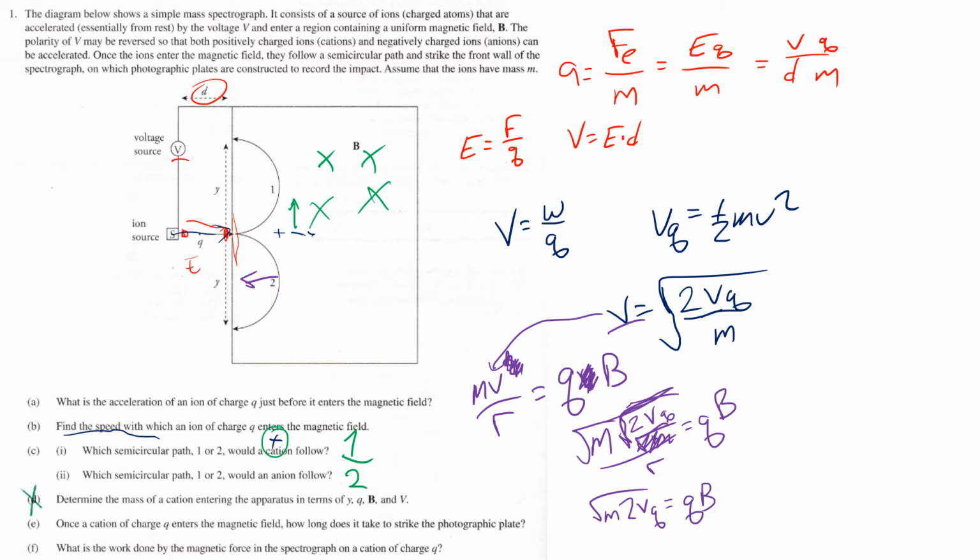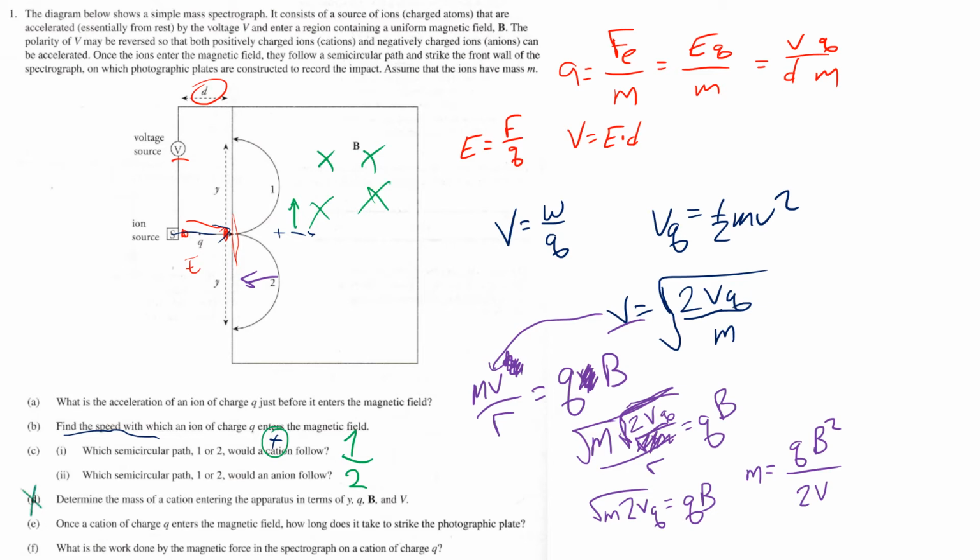Now we can square everything, and let's just divide it too, so we can make this jump. m is equal to q squared B squared divided by 2Vq. So let's cancel out one of those q's on the top. And that's it. Ta-da!